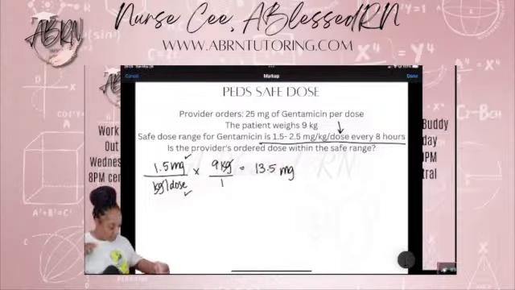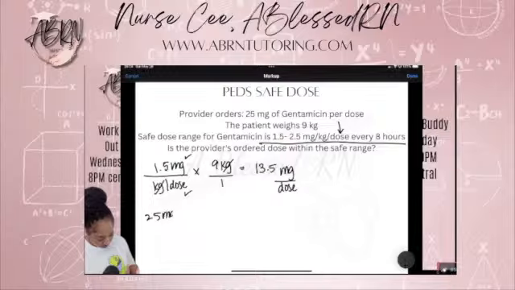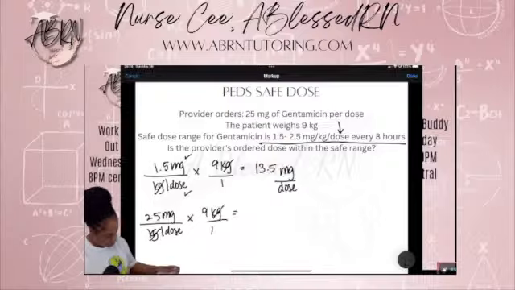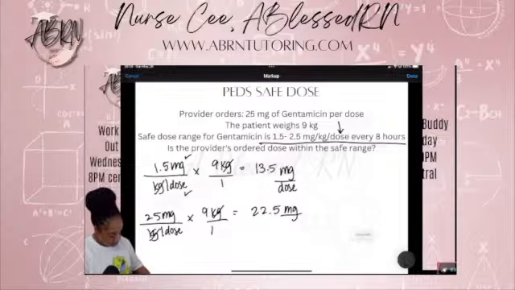All right, so this is the minimum. We need to find the maximum, which is 2.5 milligrams per kg per dose, and we have 9 kilograms. Kilograms cross out, so we'll do 2.5 times 9, and that is going to be 22.5 milligrams per dose. So that is your safe dose range, 13.5 to 22.5.